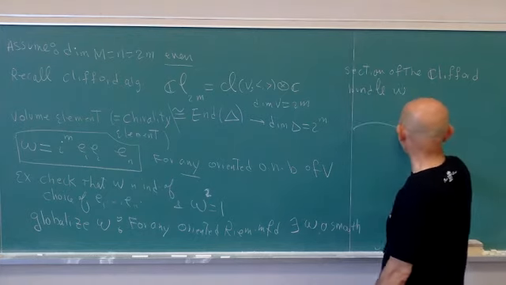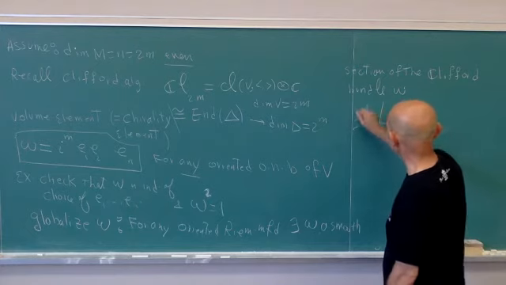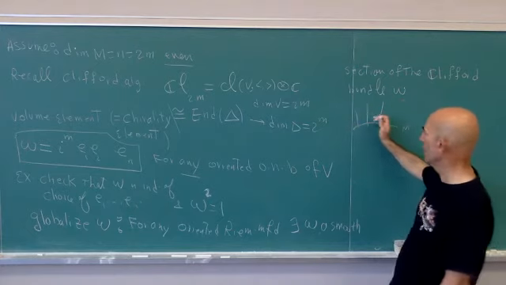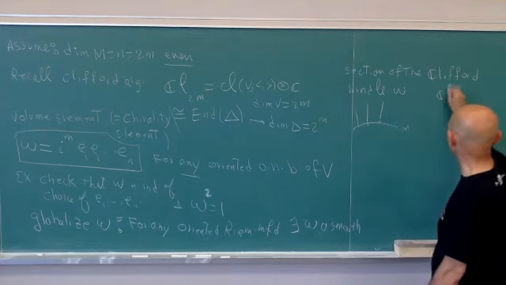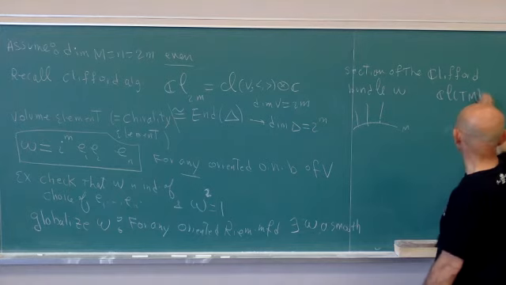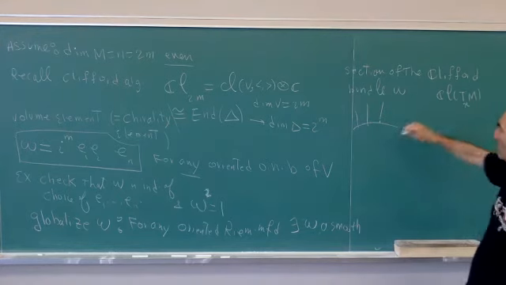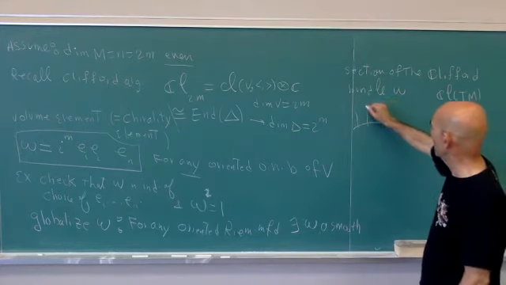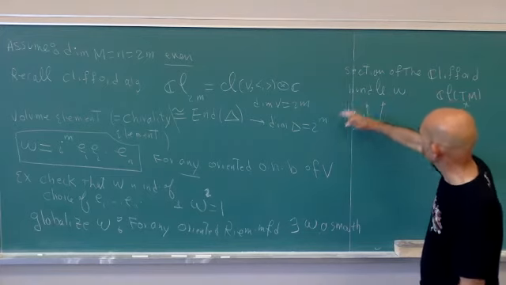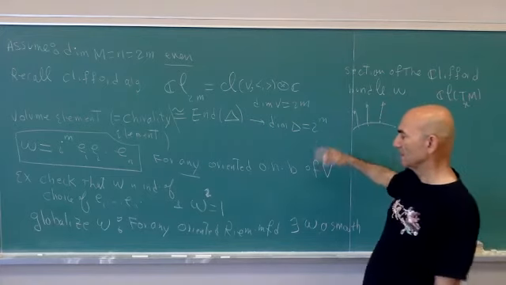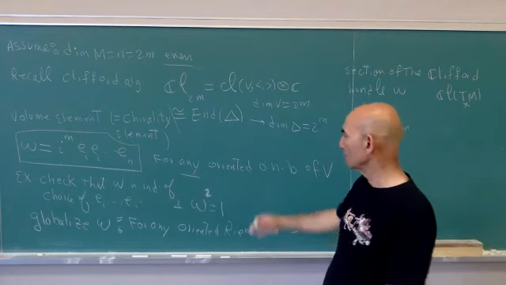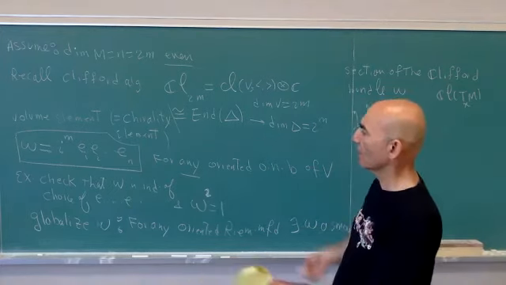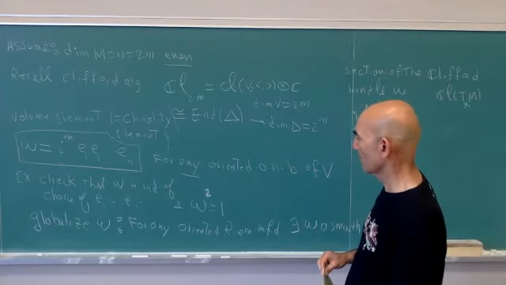But remember now this omega, of course, changes from point to point and lives in this strange space, Cliff T_xM. So there is this object that changes from point to point and it defines this kind of field for you. And that's very useful because now you can define it globally.